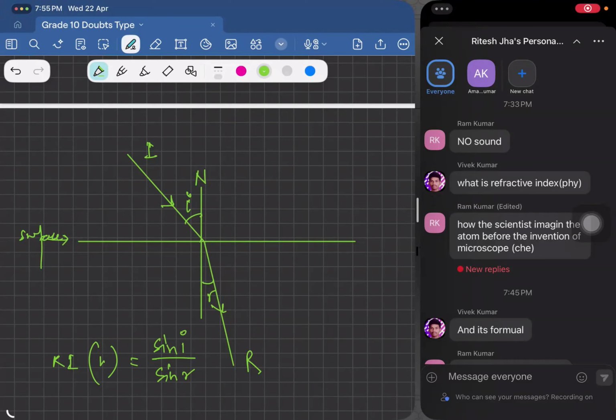So your doubt, what is refractive index, belongs to the first level of intelligence. That means this is very basic. So you are stuck at the first level. You need to be very sure of the angle of incidence, angle of refraction, after knowing the incident ray and refracted ray, and then determine the refractive index.